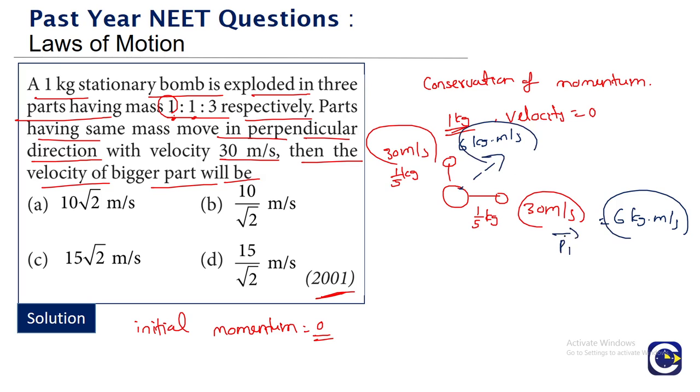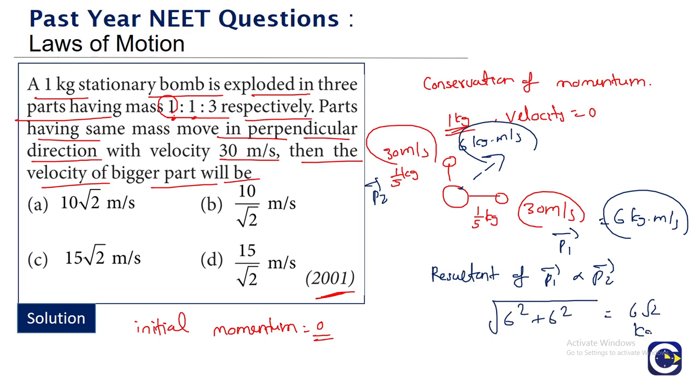Let us call them P1 and P2. Since they are equal vectors, the resultant will be along the angular bisector. The angle is 90, so the magnitude is root of 6 square plus 6 square, which is 6√2 kg meter per second, along the angular bisector.